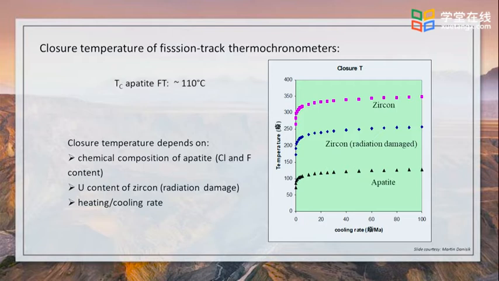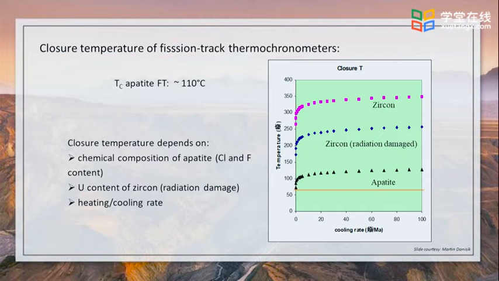For example, 110 plus minus 10 degrees centigrade is commonly adopted for the normal closure temperature of apatite fission track system. Yet, geological examples indicate that significant annealing occurs over a temperature range of at least 60 degrees centigrade.